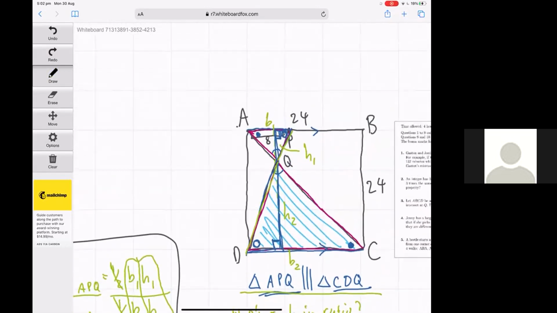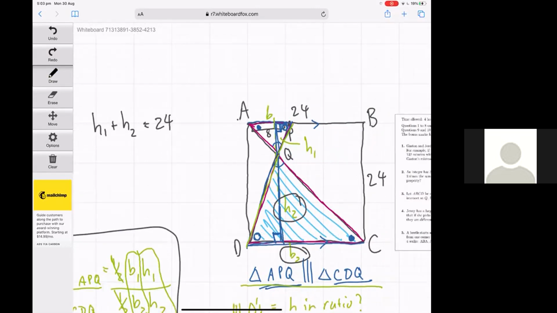Anyway, the heights are in proportion, right? And the way we want to use that is to find what height 2 is, so that we can explicitly get the area of CDQ. So height 1 plus height 2 is 24, the entire side length. And again, that's because these altitudes together are a straight line. And we know that height 1 is 1/4 of that, and height 2 is 3/4 of that, because their ratio is 1:3.